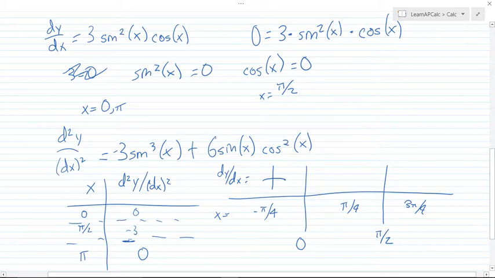At pi over 4, sine and cosine are both going to be positive root 2 over 2, so this is positive. So 0 is a critical value, but it's not a relative extrema, because essentially we're increasing and then increasing. So what that might look like is, say, here, and then we're horizontal, and then we're back to increasing.